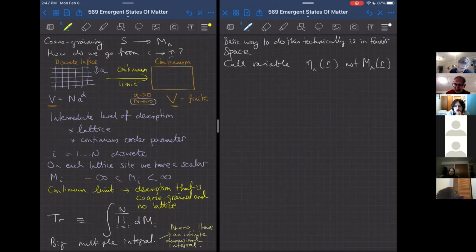I'm just changing its name because this applies in general, not just for magnets. So then what do we expect to happen when we try to represent the Fourier components of this variable, the order parameter?